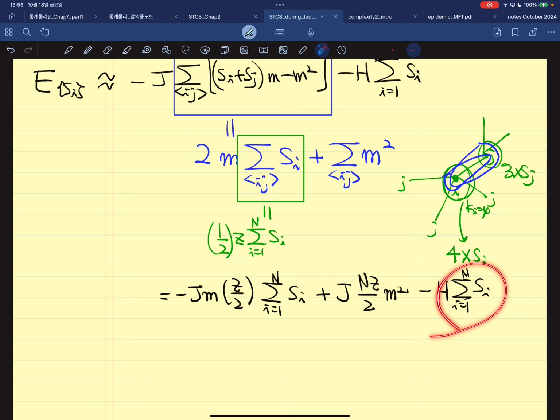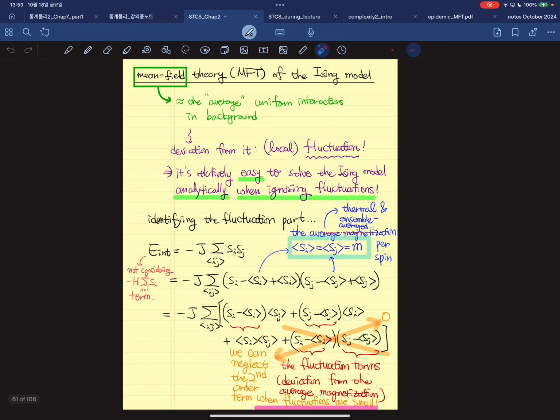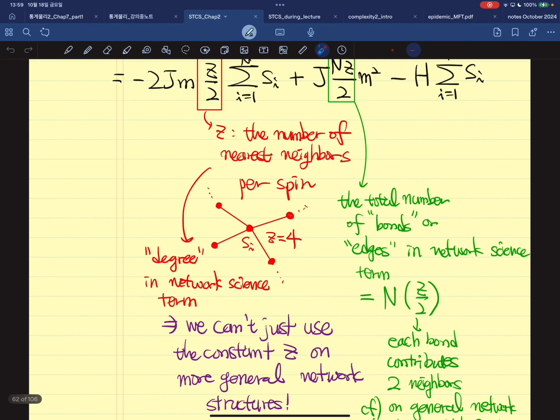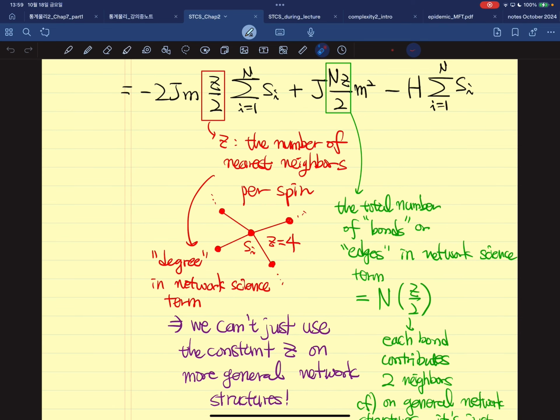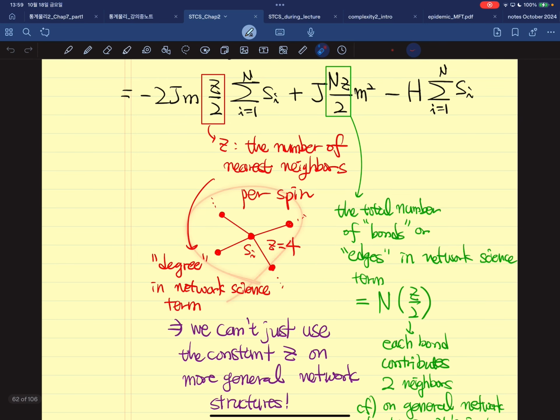This makes all the calculation much simpler, and effectively it becomes equivalent to the non-interacting spin. I put the detailed explanation here. I believe the textbook doesn't really say anything about this, but essentially this is a network problem for me, so I put the extra explanation here.